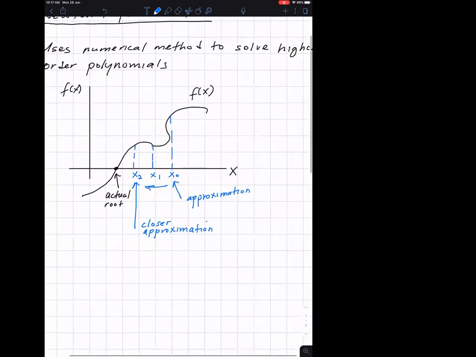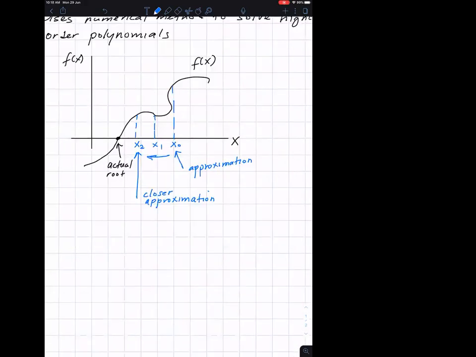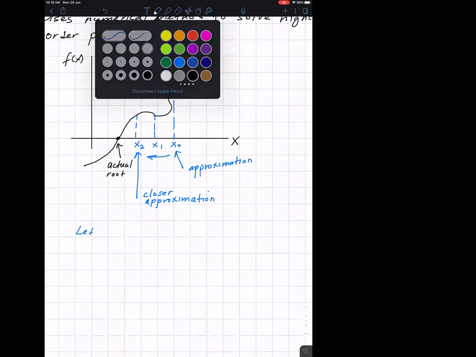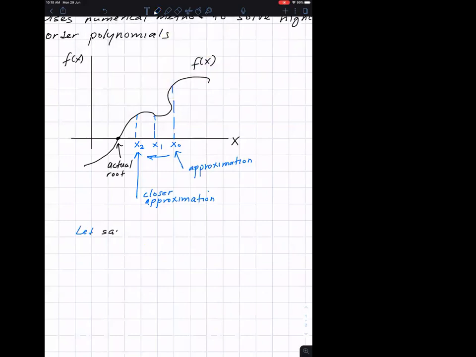Let's say x1 happens to be x0 plus h. h can be something like a step, a small variable. Okay, it's very simple, it's a variable.